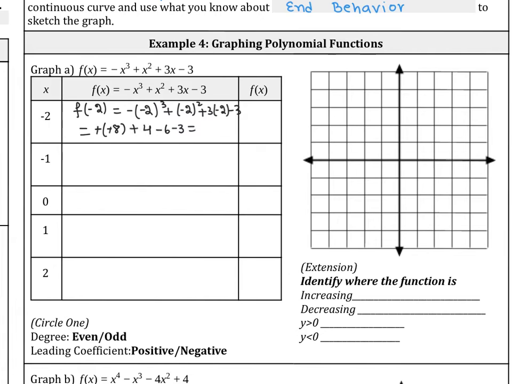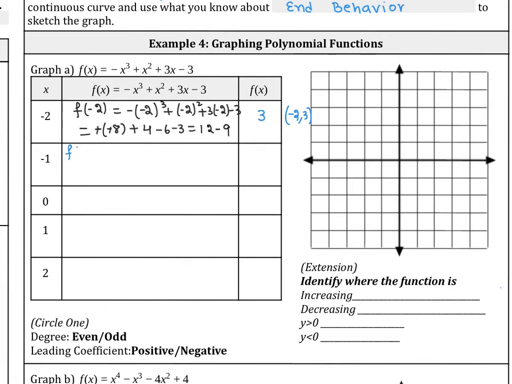You have two negatives that cancel each other, and you're going to have 8 plus 4, that's 12. 6 minus 3 is 9. So 12 minus 3, your answer for the y value is 3. And your coordinate point is (-2, 3). That's what we're going to plot.